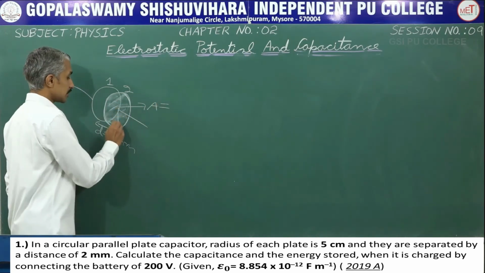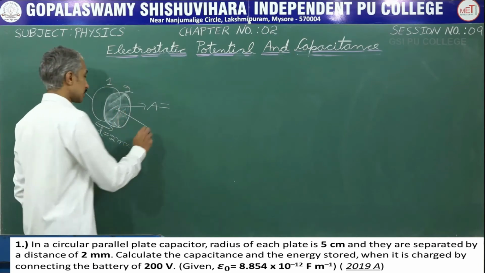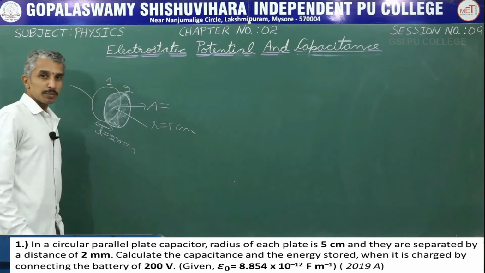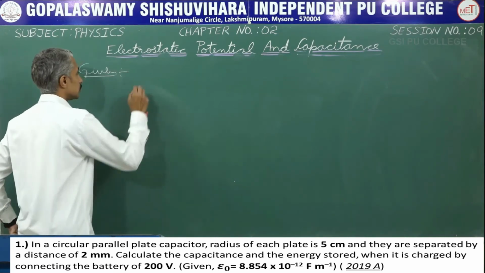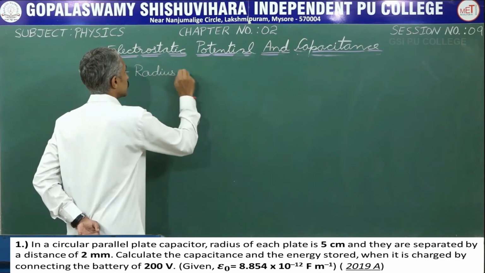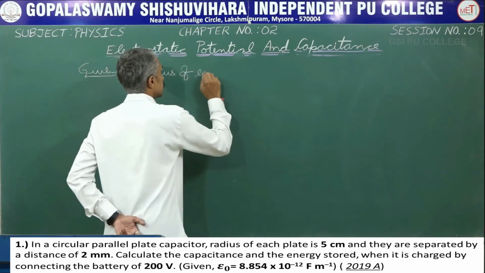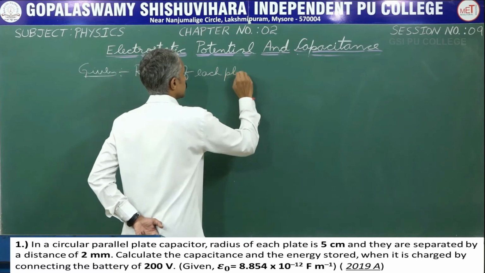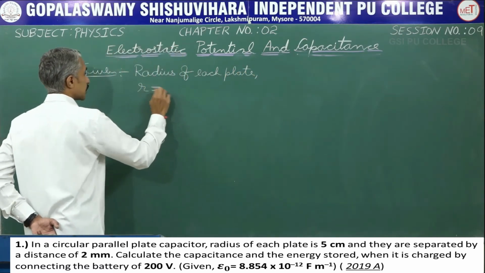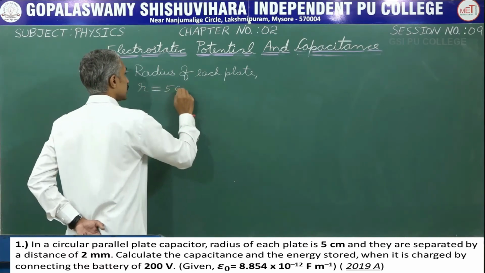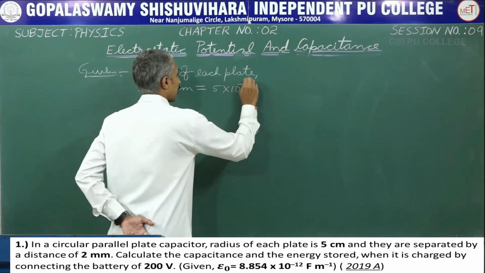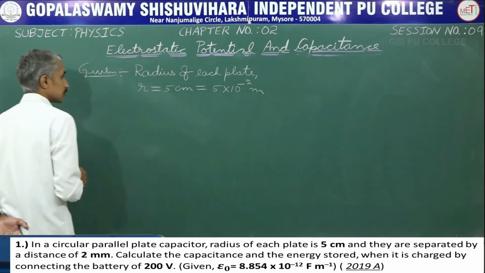They are given the radius of the circular plate, which is 5 centimeter. So let us begin. Given, radius of each plate, note it down as small r, is equal to 5 centimeter. In SI units, it's 5 into 10 to power of minus 2 meter.